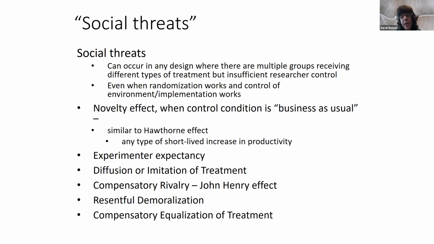Compensatory rivalry is when people in the control condition realize they're in a control condition and realize that they are not receiving something so-called special that other people are receiving, and they're angry, and therefore they work really, really hard to prove that they can. There used to be, I think it was a car repair commercial about we're number 2, so we try harder.